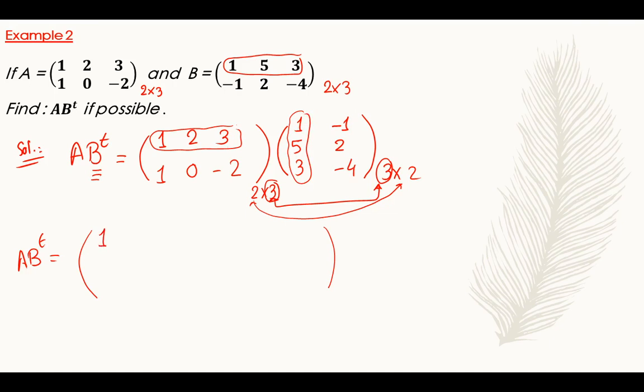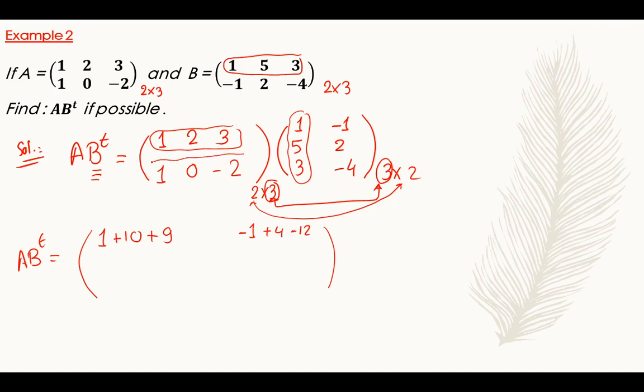The second times second, 2 times 5 equals 10. 3 times 3 equals 9. Okay? And we are going to multiply the first row by the second column. 1 times negative 1 equals negative 1. 2 times 2 is 4. And 3 times negative 4 is negative 12.